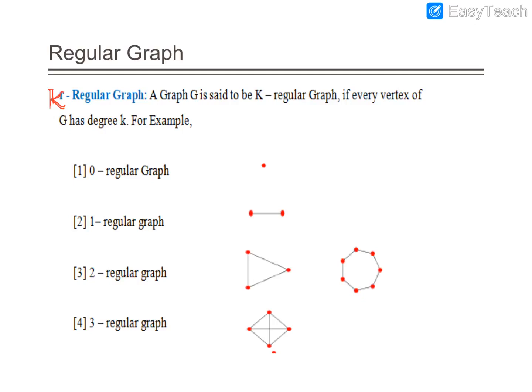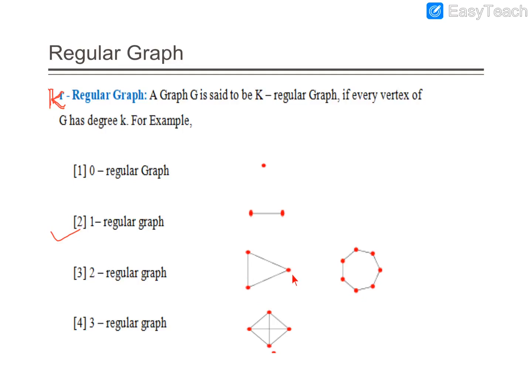Now, in this one regular graph, each and every vertex has degree 1. Therefore, it is called a one regular graph. In the two regular graph, each and every vertex has degree 2, because there are two edges incident to each and every vertex.